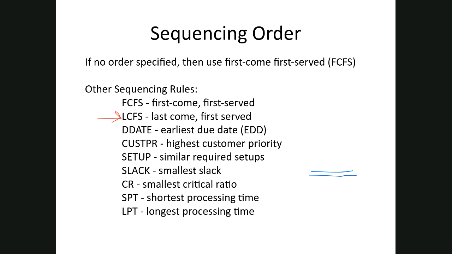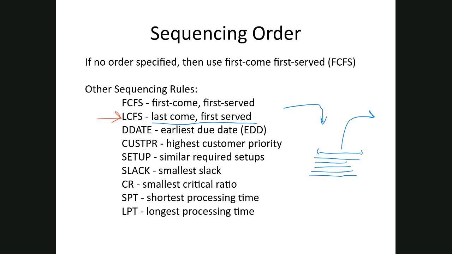Once it finishes the previous process, that cloth is stacked one on top of the other. Each piece of cloth that comes in through one process is stacked on top of each other, and then as it goes out to the next process, it takes this piece of cloth that has come in last off the stack to process it. And so in that case, that would be a last come, first served process.